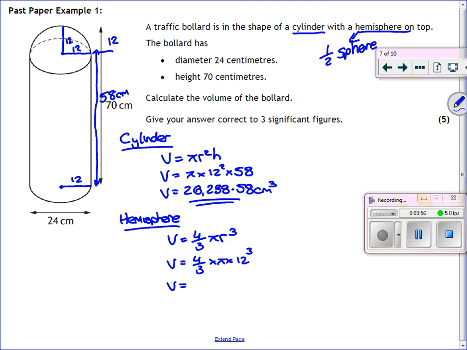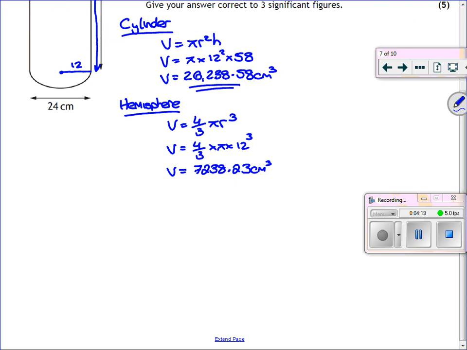Let's work it out. 4/3 multiplied by pi multiplied by 12 cubed is 7,238.23 cubic centimetres. But we want to half that because it's a hemisphere, so divide that by 2. We can say the volume of the hemisphere, let's put a wee h beside that, divided by 2, and we get 3,619.11 cubic centimetres.